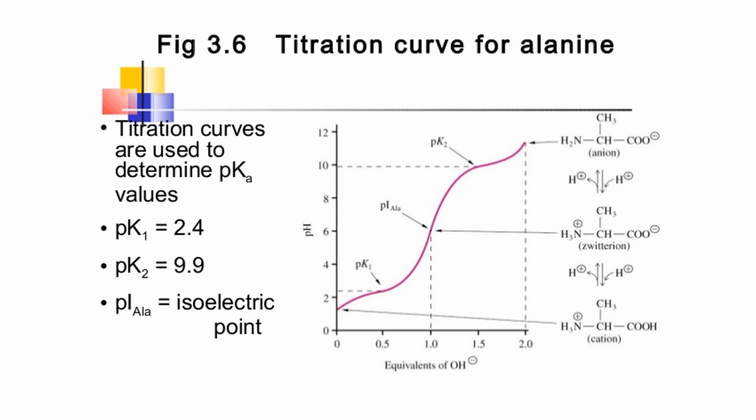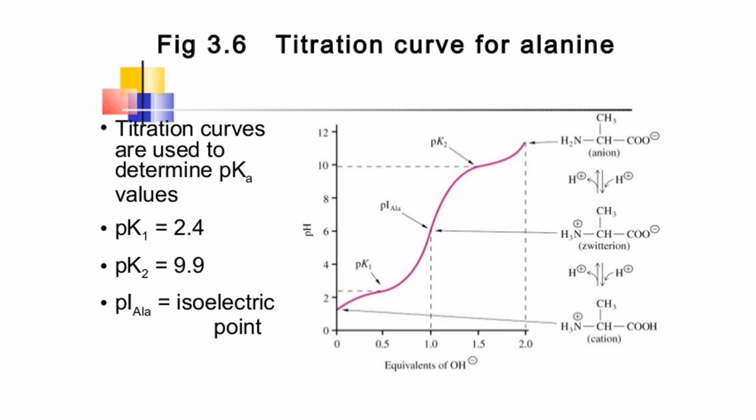Then as pH rises again, it donates a hydrogen ion from the NH3 group. At pH 2.4 this condition predominates, and at pH 9.9 this other condition predominates.